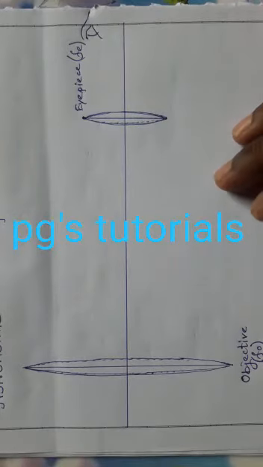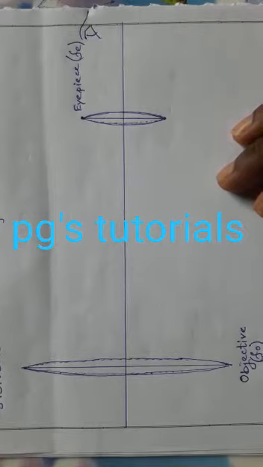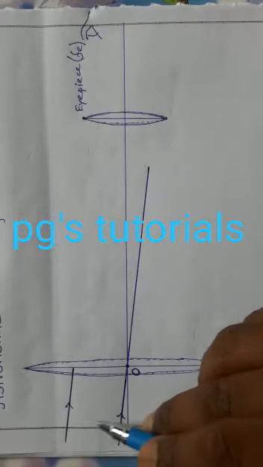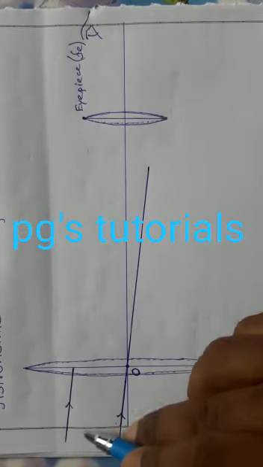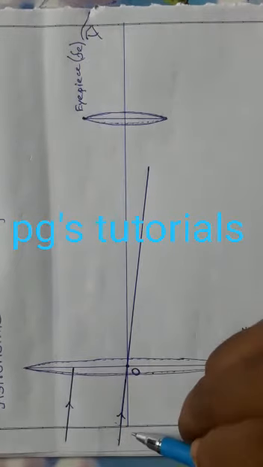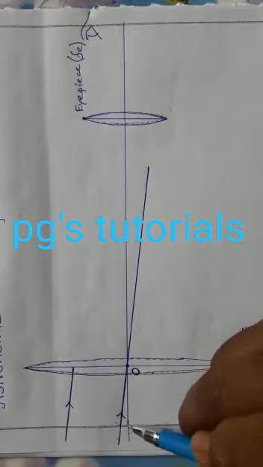Since the object is far away, the incident rays are parallel to themselves. But remember, they may not be parallel to the principal axis. Here I have shown two incident rays parallel to themselves but not parallel to the principal axis.